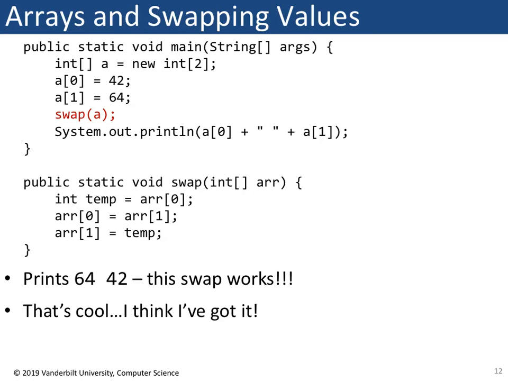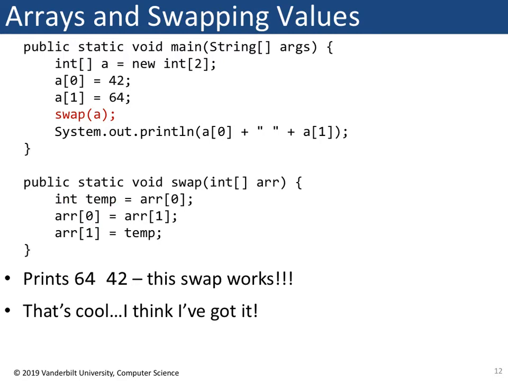So inside we're going to declare a temp variable, because remember, if we're going to swap two things, we're going to have an extra variable to contain the first value, otherwise it'll get wiped out when we assign it the value of element 1.